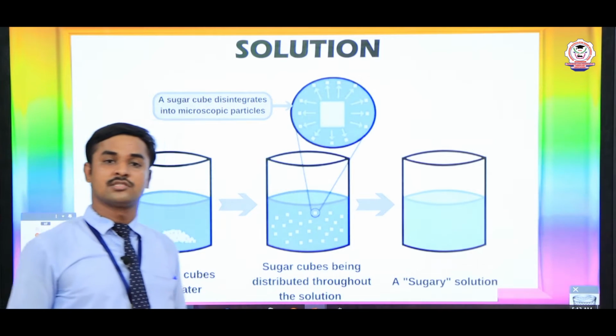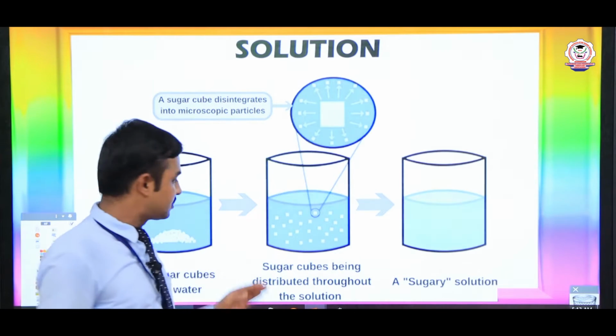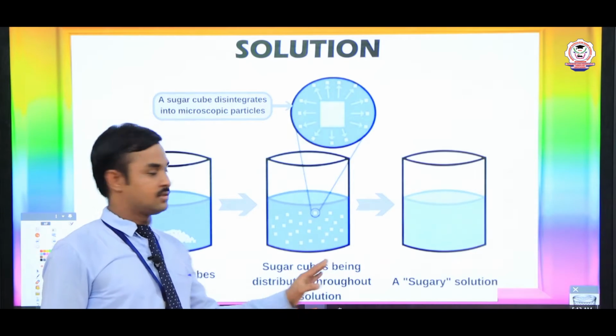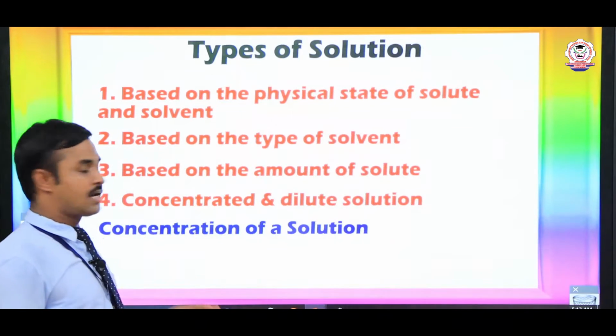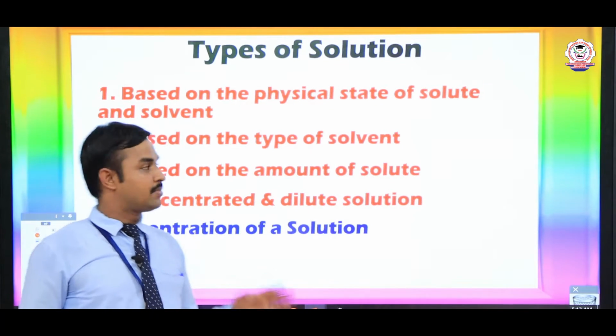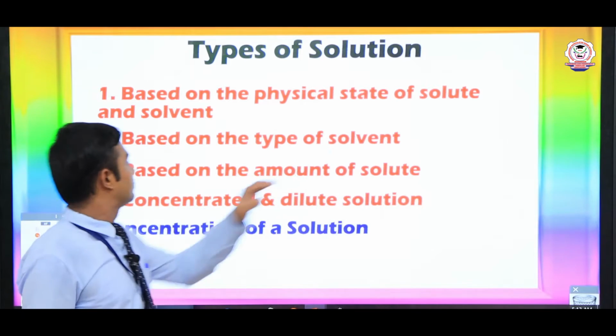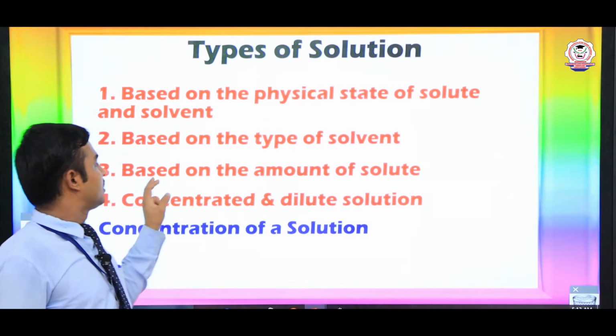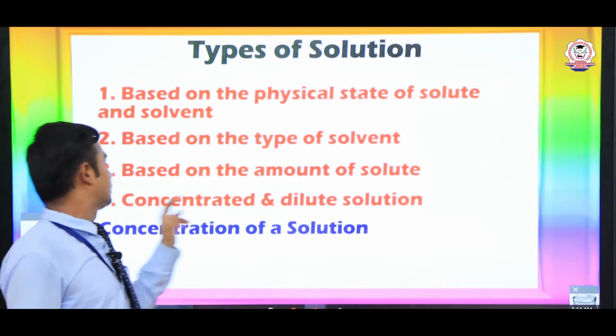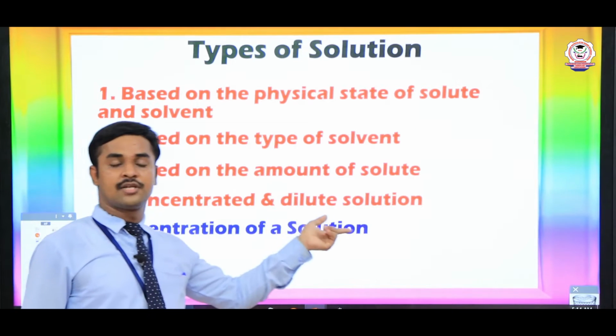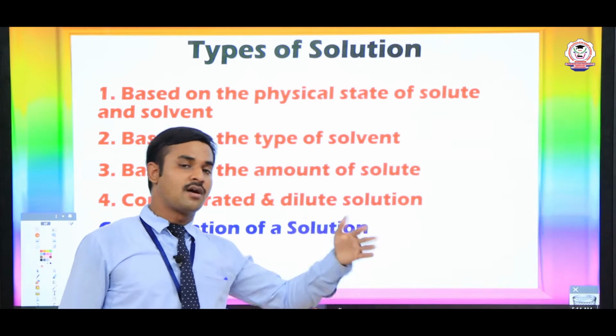So every solution is made up of two components, solute and solvent. How can we classify solutions? Based on their physical state, based on the solvent, based on the amount of solute, and based on whether it is concentrated or diluted.